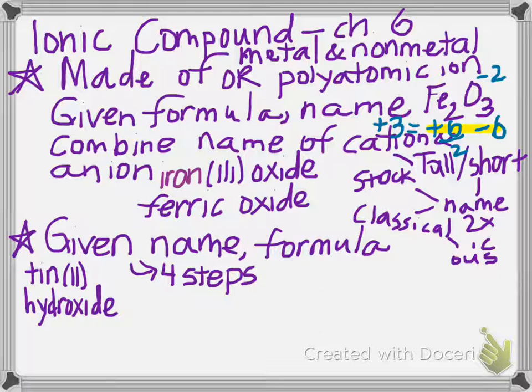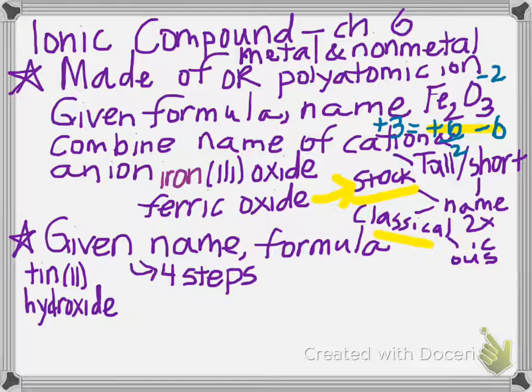Short columns underneath that heavy stair-step line, remember that's when you're checking your helper sheet. Depending upon whether the name uses the stock or the classical system, if it uses the stock system, the Roman numeral is equal to the charge. With the classical system, you'll have to use your helper sheet and look at the 2 different charges that are there.